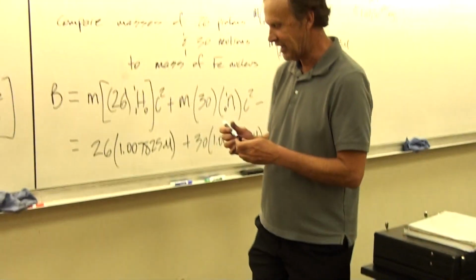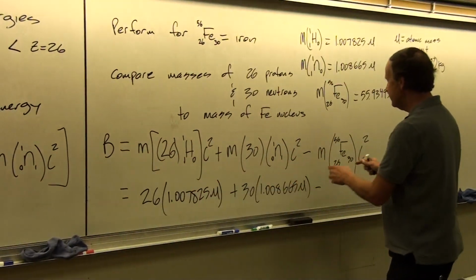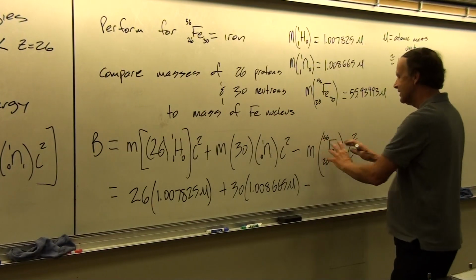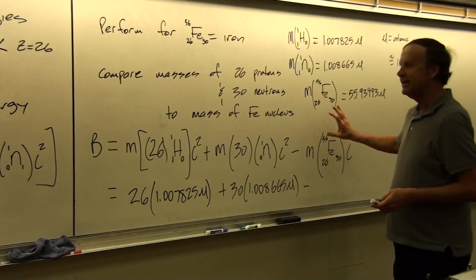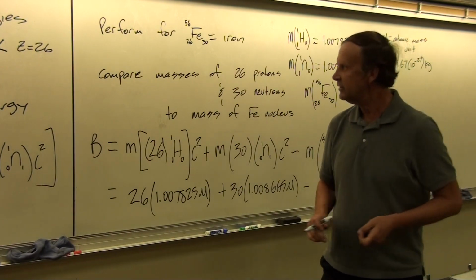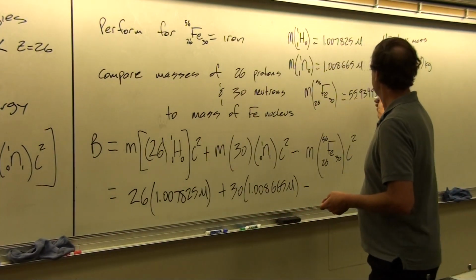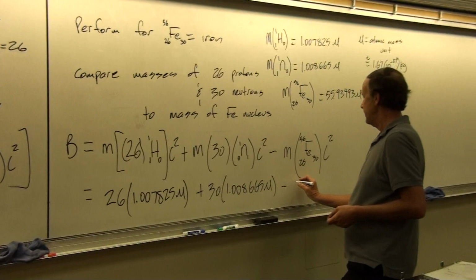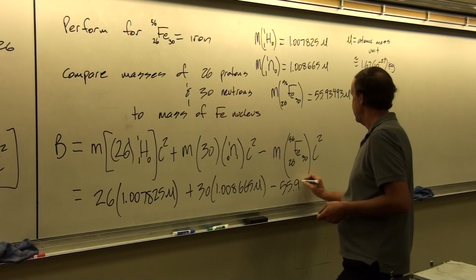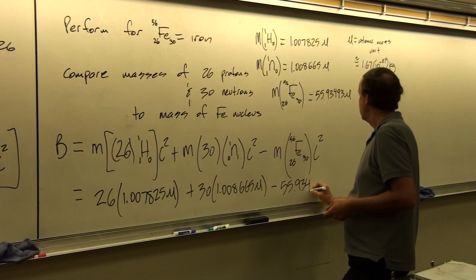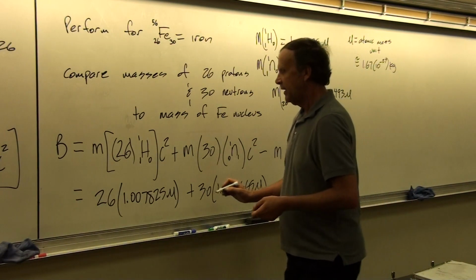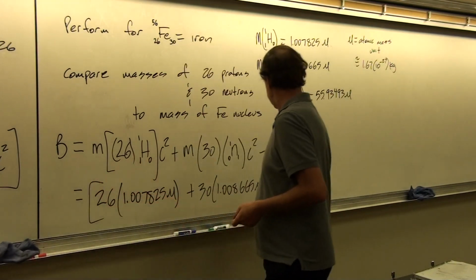Okay? And so the same thing with these. The lowest energy state that these protons and neutrons can get into, turns out, is a bunch of iron nuclei. And so the iron nucleus then, from this value here, is 55.93493 mu.